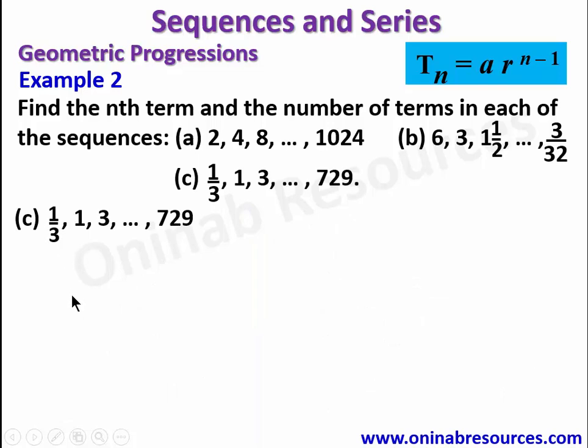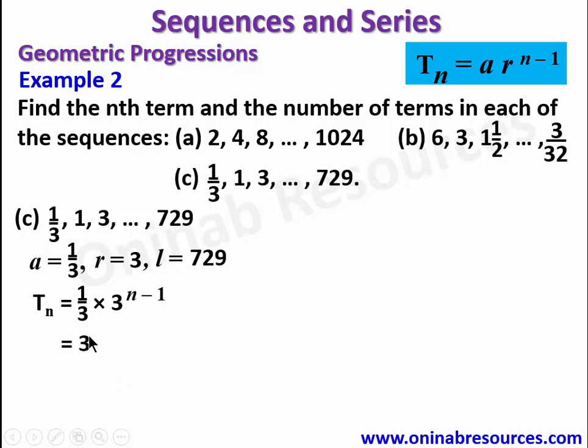For c, we have our first term to be 1 over 3, and the common ratio is 3, since 1 divided by 1 over 3 gives 3. The last term is 729. So to find our nth term, that is the Tn, we'll have 1 over 3 times 3 raised to power n minus 1. 1 over 3 is 3 to the power of negative 1, then times 3 raised to power n minus 1.